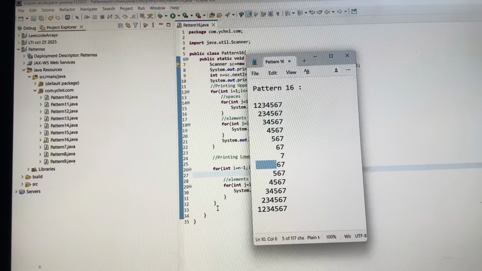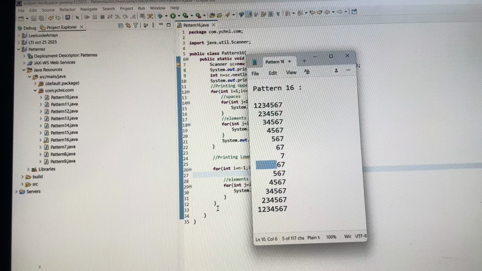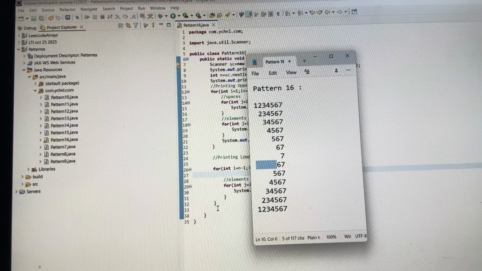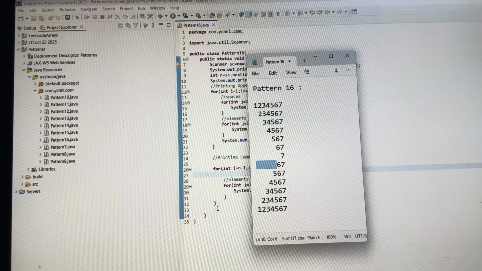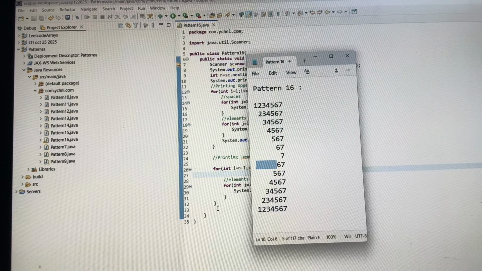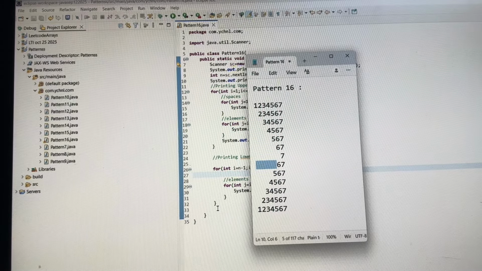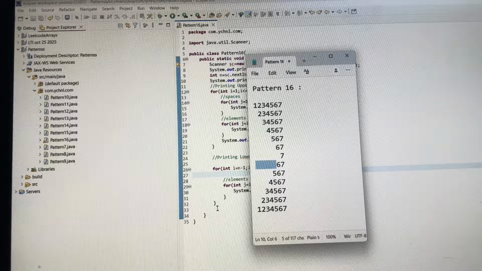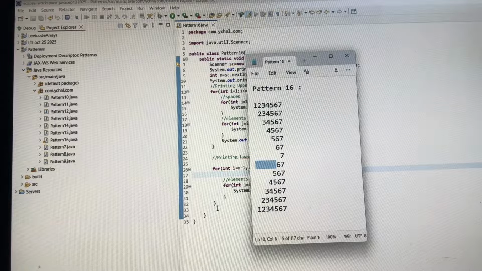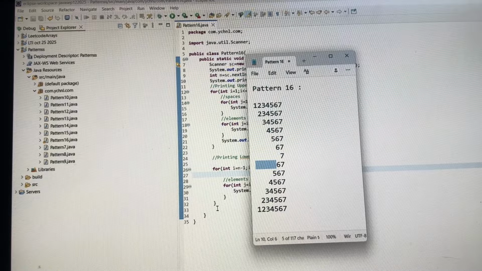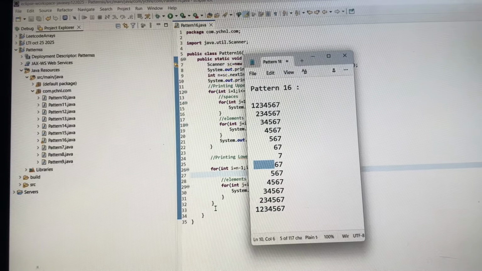So we need to think how to write, how to print the decreasing order of spaces. How can we print the decreasing order of spaces?